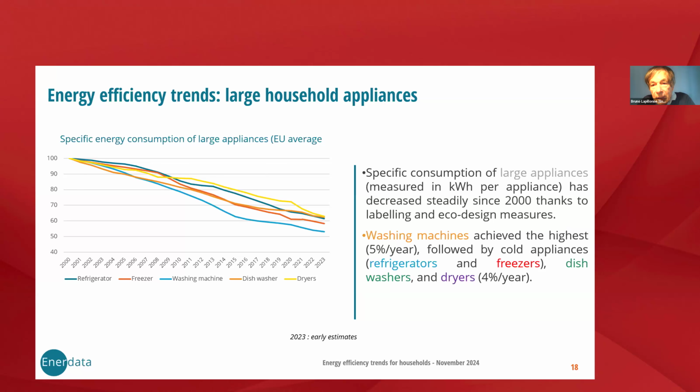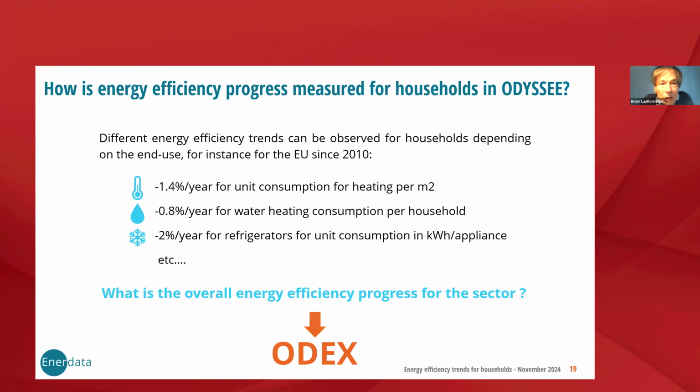The trend has been between 4 and 5%, with washing machines recording the largest decrease, followed by cold appliances and the other appliances at 4% per year. We do the same for cooking, water heating, lighting, but I don't have time to show all of them.